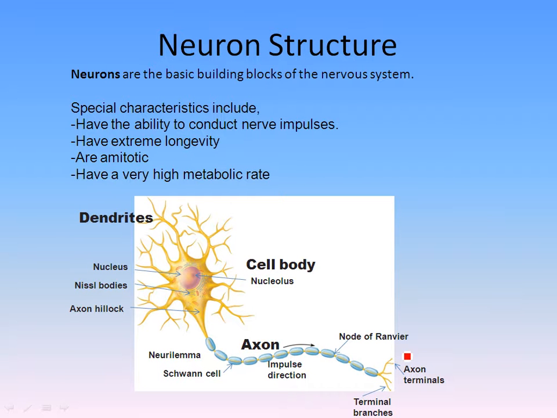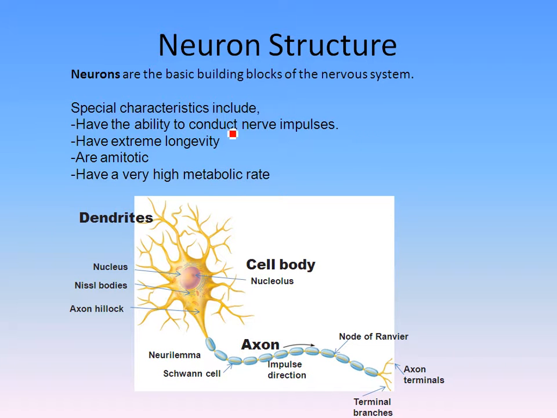Neurons are the basic building blocks of the nervous system. Neurons are also called nerve cells and are specialized cells with very unique characteristics. They conduct nerve impulses, or in simple words, are responsible for receiving and transmitting information. Each part of the neuron plays a role in communication of information throughout the body.